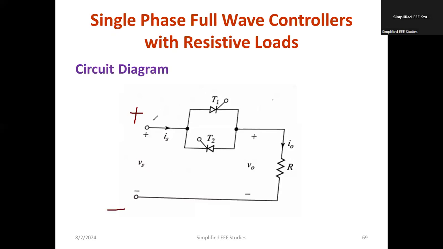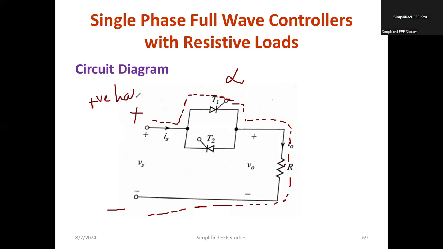So during the positive half cycle, the thyristor T1 will be turned on at a delay angle of alpha, so the power flow will take place from the source to the load. You can mark it like this. This is what happens during the positive half cycle. Make sure that your device is activated at a firing angle of alpha.